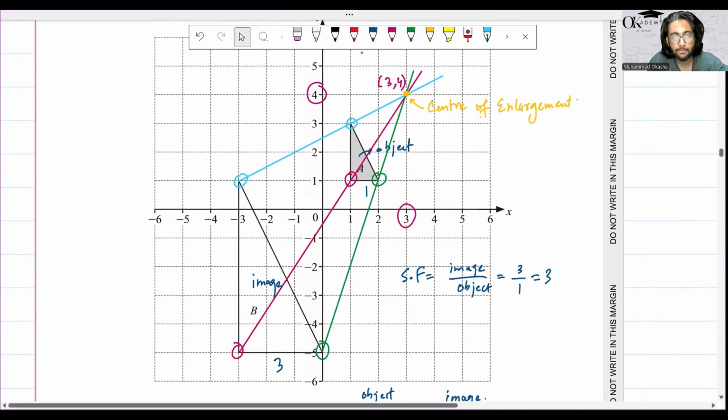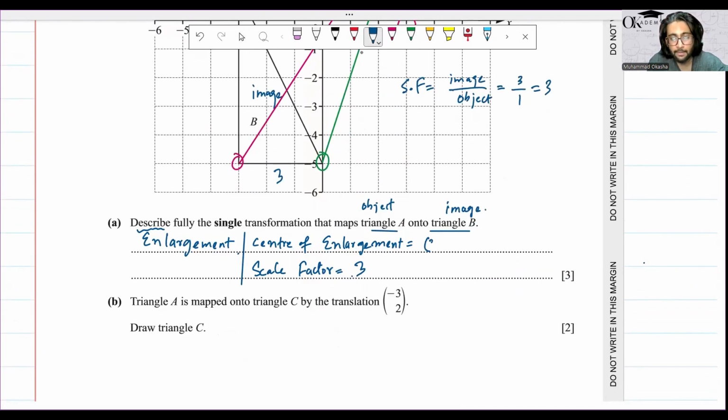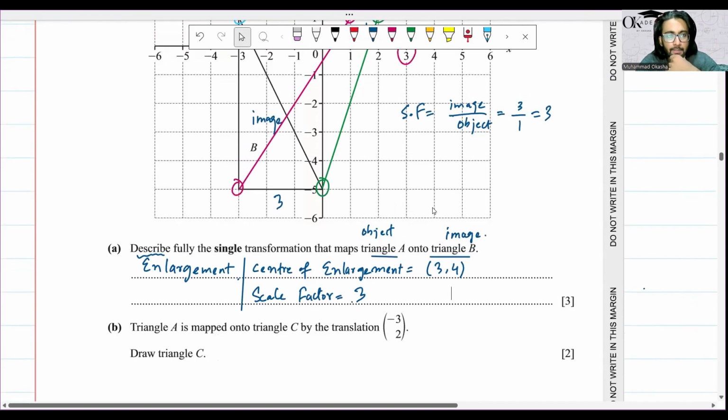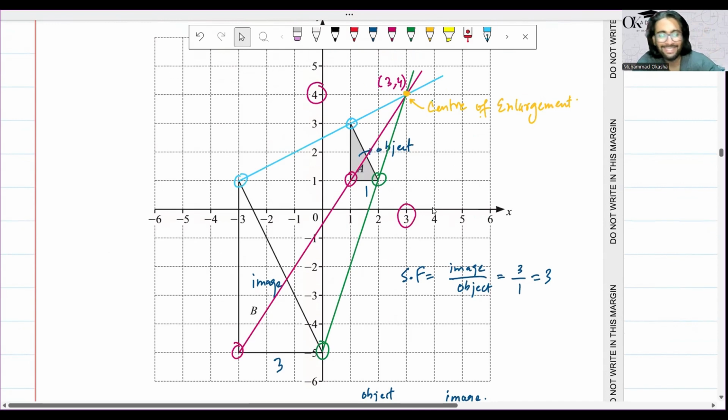Yes, I'm exceptionally good at forgetting. So that's it. That's all you need to do while fully describing the enlargement, because we knew it's an enlargement. A blind person can tell it's an enlargement.